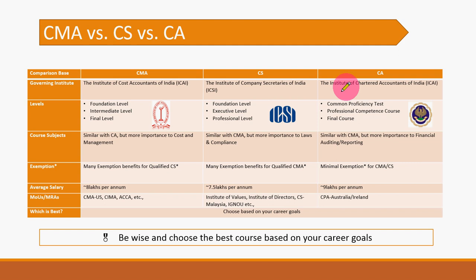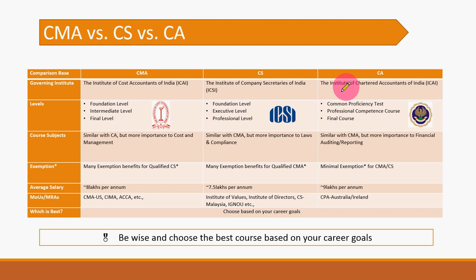They have a mutual recognition agreement with CPA Ireland, and also with CPA Australia. Likewise, they have a lot of international exemptions. In case you're interested to pursue any of those courses, you can try to get those exemptions.